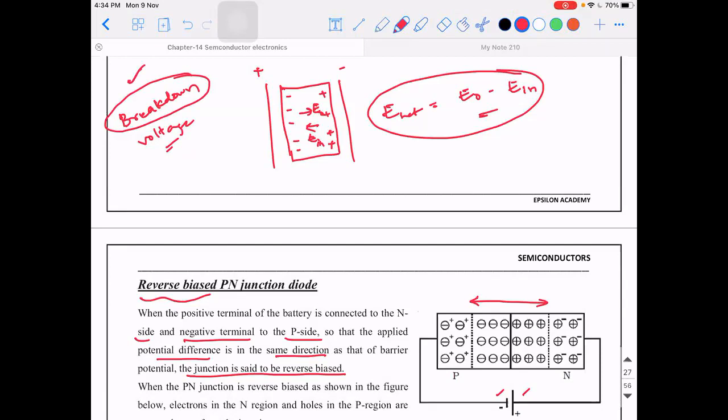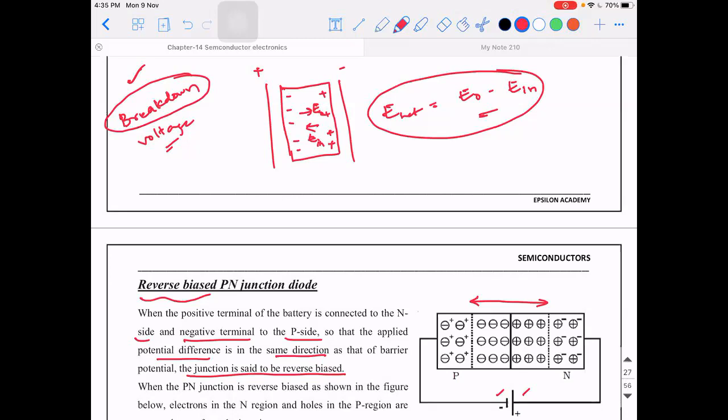So for insulators, what happens is, after a certain point, the insulator cannot behave anymore like an insulator. It will start behaving like a conductor. Means beyond a certain point, it is giving up its property of insulation. It cannot insulate anymore. It will start conducting, but it will not be as efficient as a conductor, because this is a forced conduction.